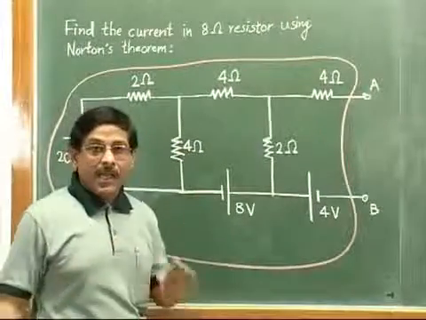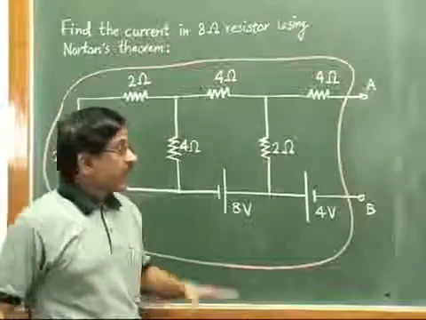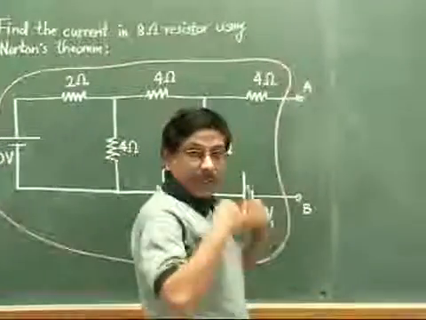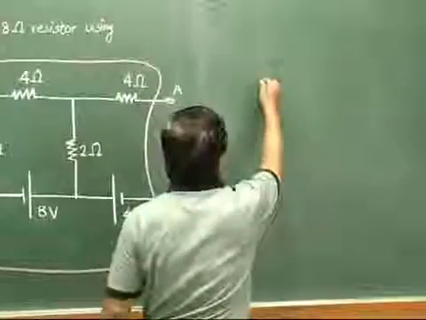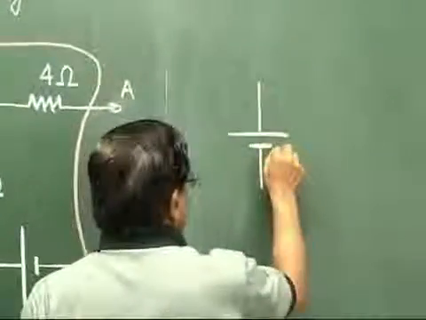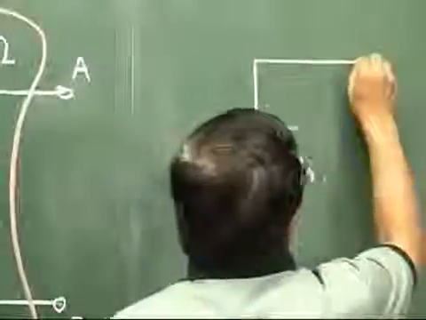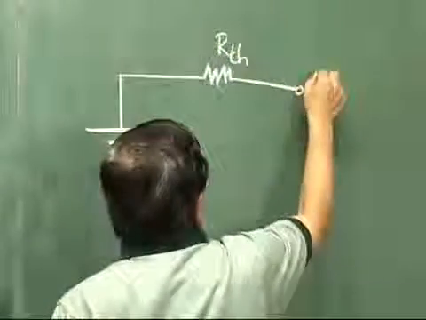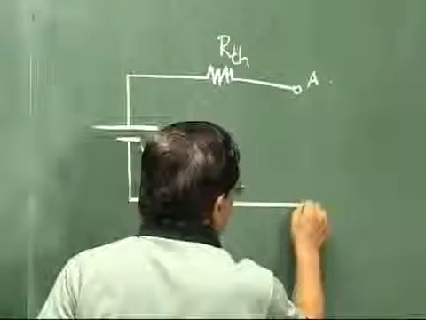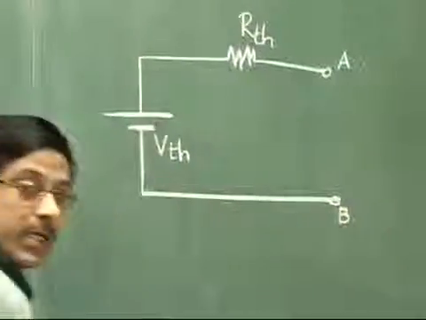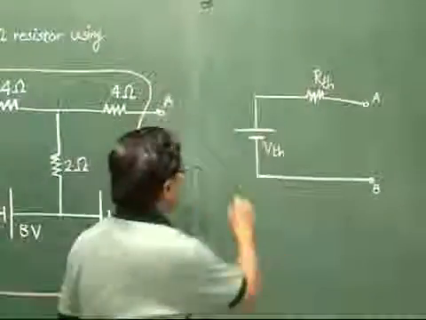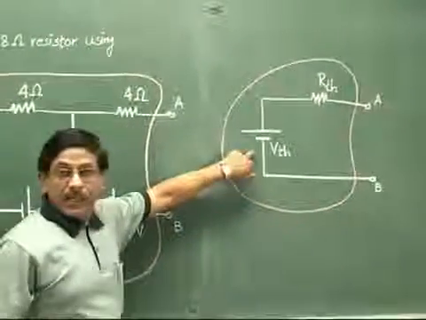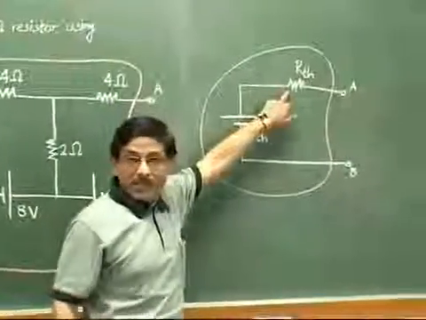In Thevenin's theorem, we converted this particular circuit in the red space in terms of an equivalent voltage source VTH, called the Thevenin's voltage, and then one single equivalent resistance RTH, with this as point A and this as point B. So in Thevenin's theorem the entire circuit in this box was finally represented with a single equivalent voltage VTH and a single equivalent resistance RTH.